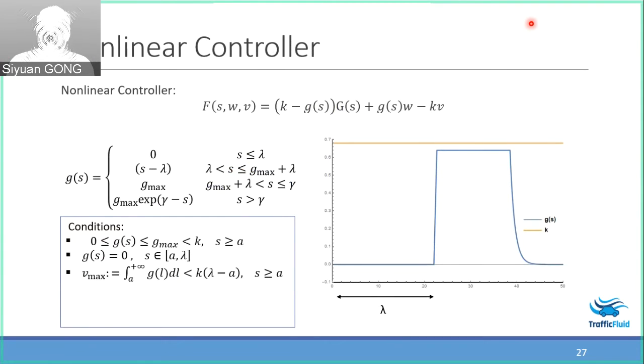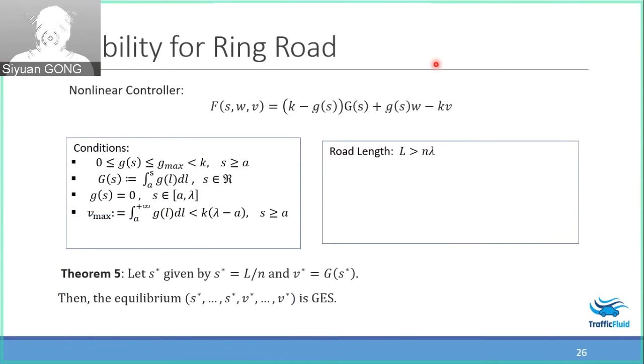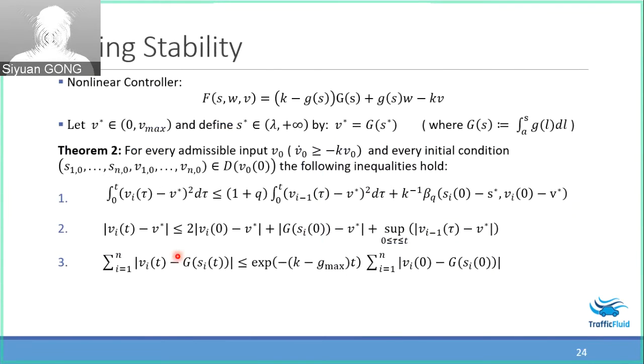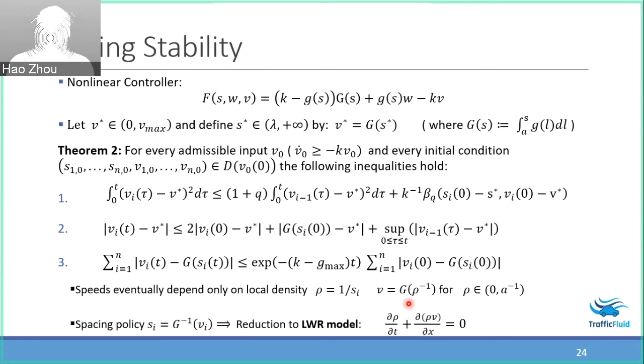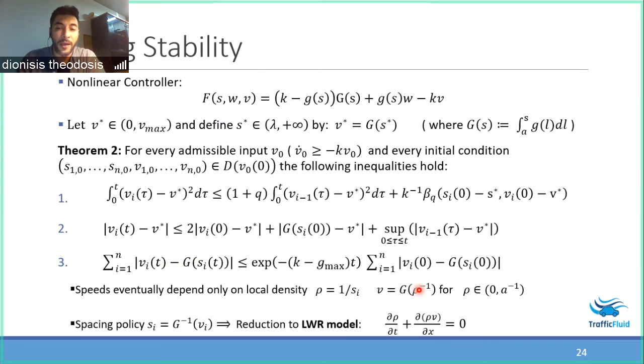It is not a constant time gap policy. Here, essentially, the policy, let me go a few slides earlier, is actually this v_i equal to G of s_i. This is the spacing policy here. This G is a nonlinear function that depends on the distance, so I cannot say that this is a constant time gap.